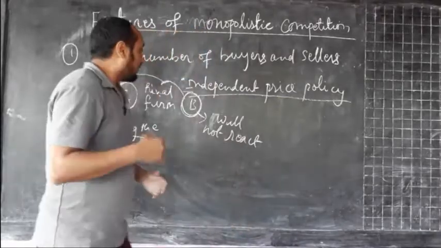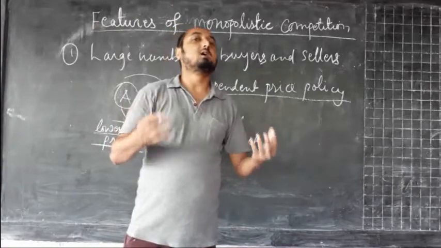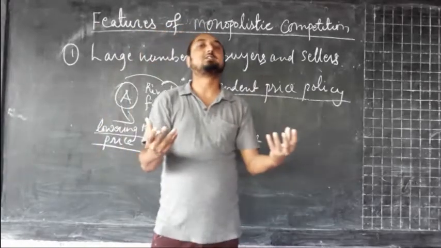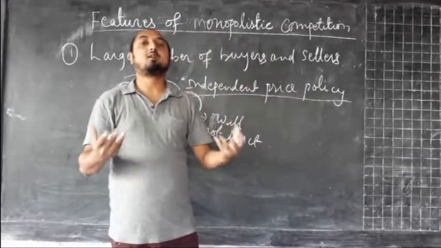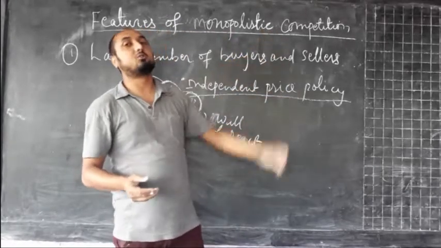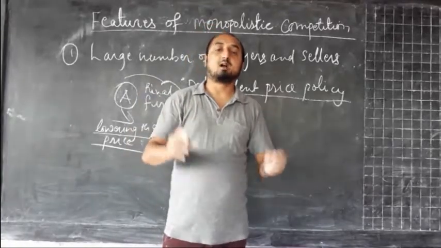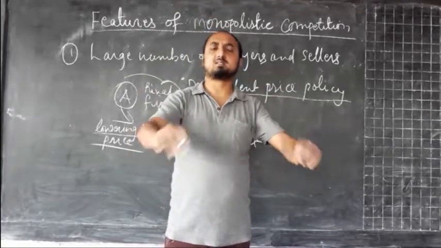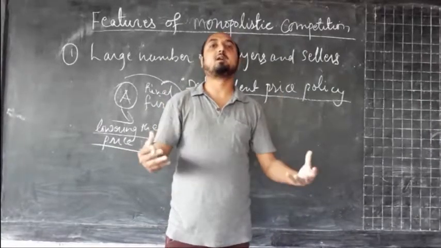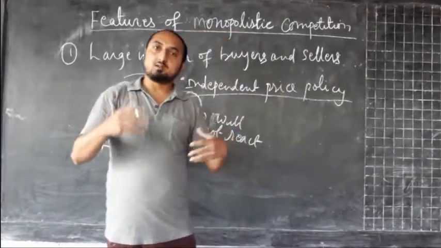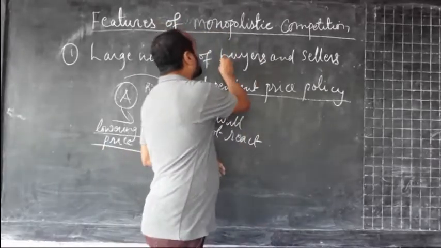Why do the firms follow an independent price policy? Because their products are differentiated. We have already mentioned in the definition that the product available in the monopolistic market is a differentiated product. Their products are different in shape, size, color, design, trademark, name, everything; the brand is different. So they follow their independent price policy. Now, next, the number of buyers.